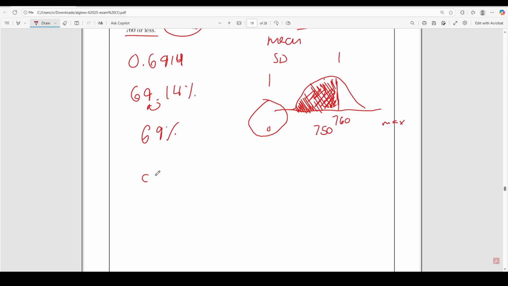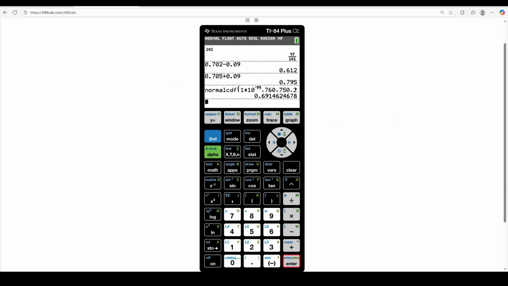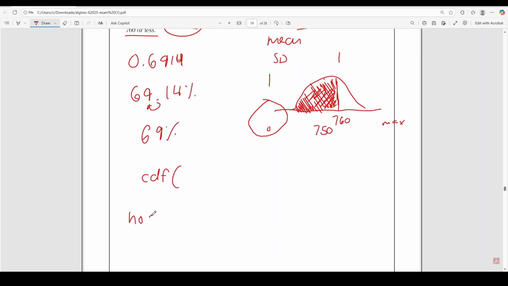So you just type in, or you literally copy it off the screen of your calculator, CDF, or you just write normal CDF, 1 times 10 to the power of negative 99, comma, 600, 760, comma, 750, comma, 20.